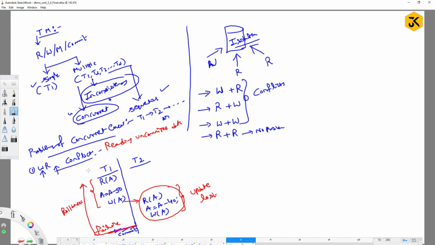This kind of conflict I call the dirty read problem. It means you must read data in such a way that the variable you are trying to access should first be committed, permanently saved, and only then should you be allowed to read it. That is the write-read conflict.